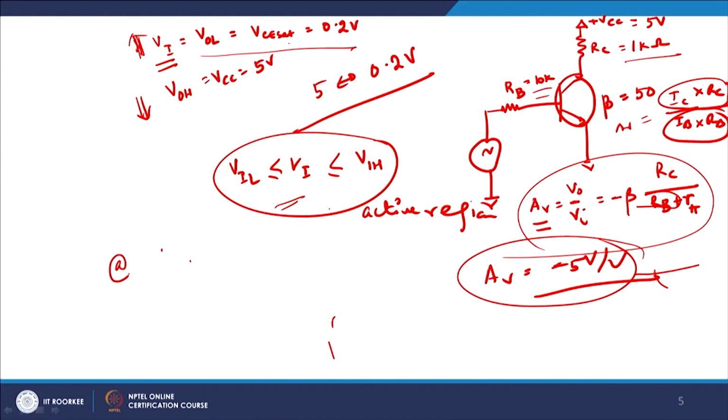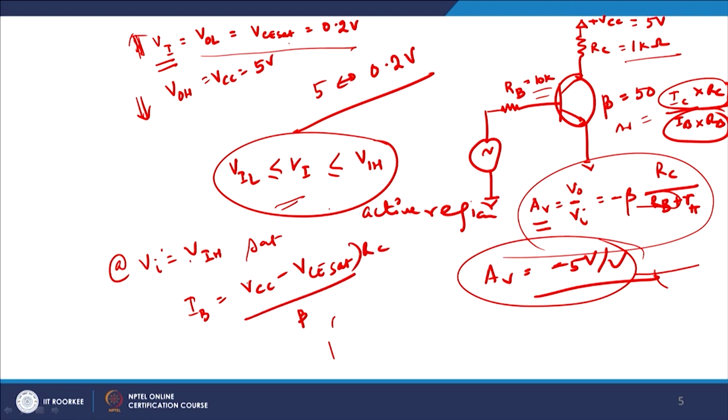Now, when your Vi is equal to VIH, I will enter into the saturation region, and I can safely write IB equal to VCC minus VCE sat, divided by beta, divided by RC, because if there were no beta, it would have been IC, but you put a beta here and then directly convert into IB. If you solve it, I get IB approximately equal to 0.096 milliamps.